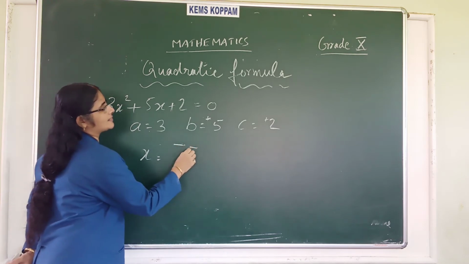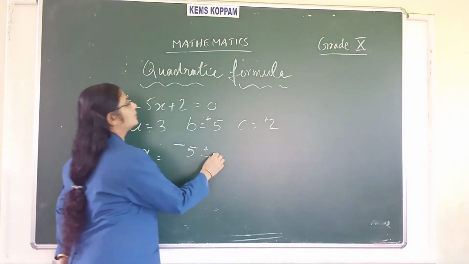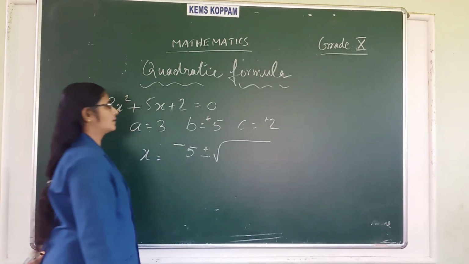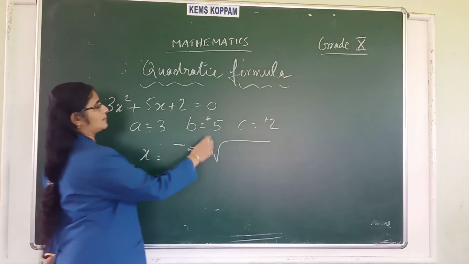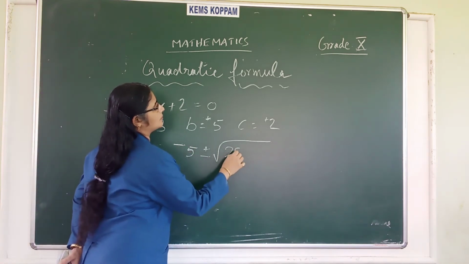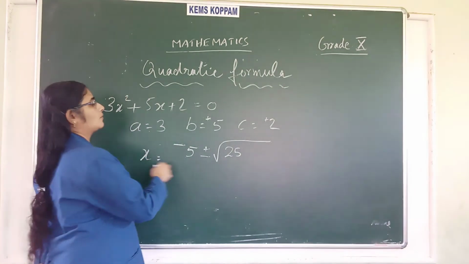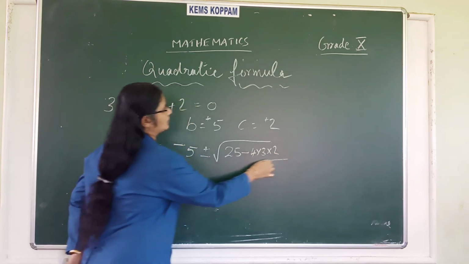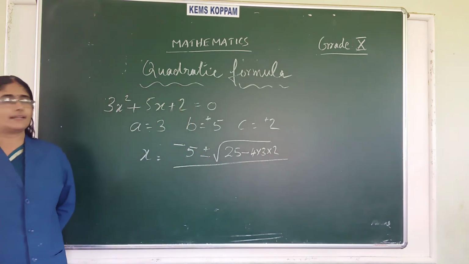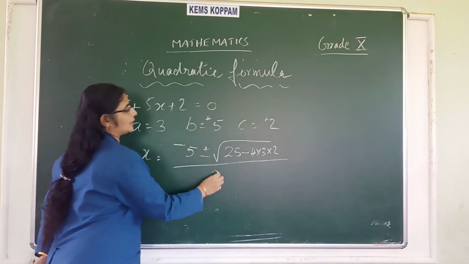negative b, that is negative of negative 5, plus or minus root of b square minus 4ac. b square is 25, minus 4ac, 4 into 3 into 2, divided by 2 into 3.